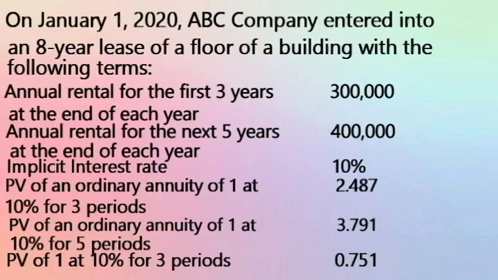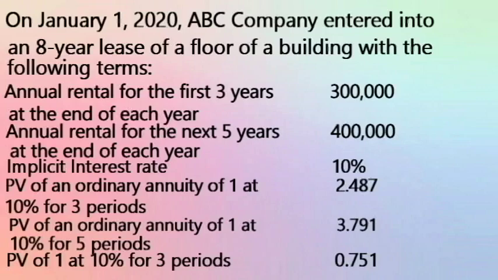PV of an ordinary annuity of 1 at 10% for 3 periods, 2.487. PV of an ordinary annuity of 1 at 10% for 5 periods, 3.791, and PV of 1 at 10% for 3 periods, 0.751. The lease provides for neither a transfer of title to the lessee nor a purchase option.